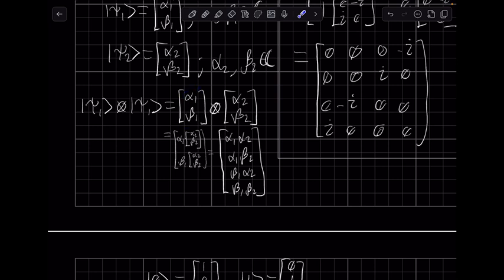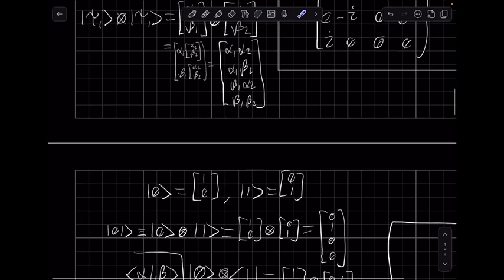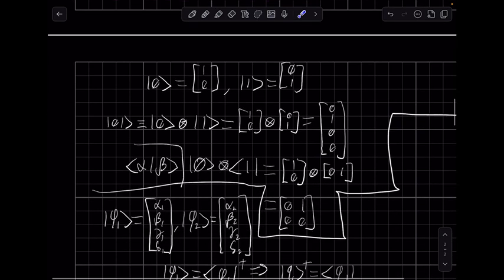Now we can see this is reminiscent in some aspects of a dot product, but instead of each respective element here and here being combined and multiplied then added, they're preserved as this expanded matrix or vector.